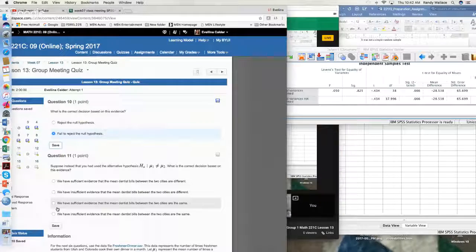So if mu1 does not equal mu2, we have sufficient evidence the mean dentist bills between the two cities are different, right? Yeah. Okay.